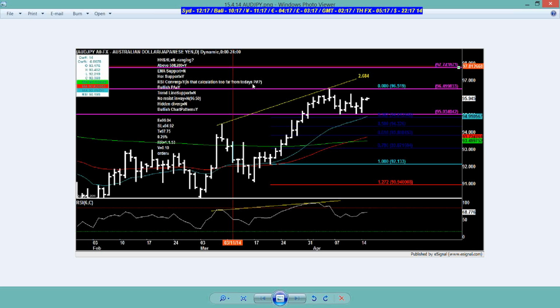Is that calculation too far from today's price action? Oh yeah, it's all messed up, and this is too far out to be looking to go long. It's my estimation.